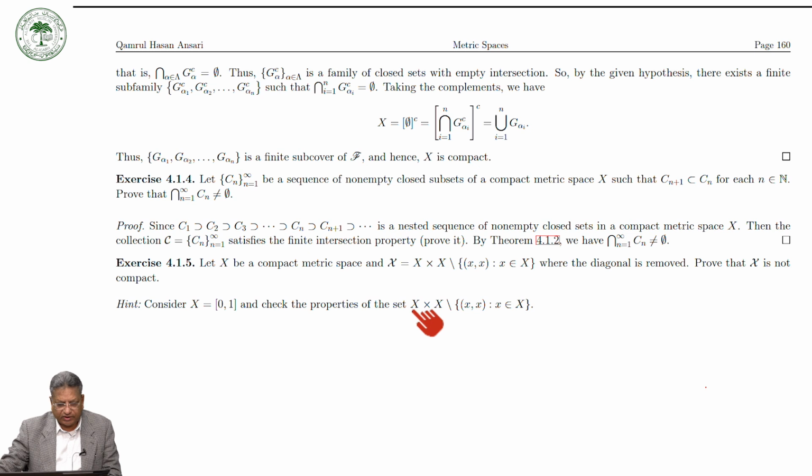So X is equal to 0, 1, and then you can prove that chi X is not compact. Here I stop this exercise talk. In the next talk we will see some other exercises or some MCQs. Thank you very much.